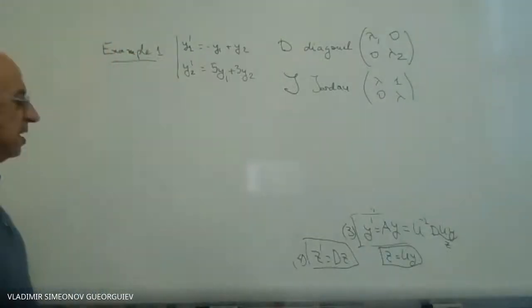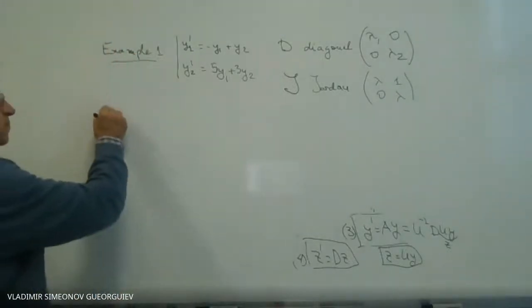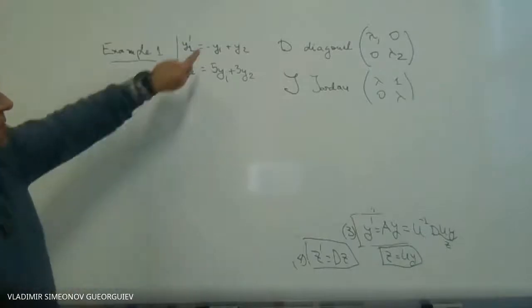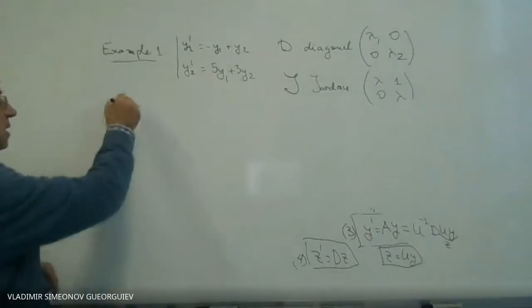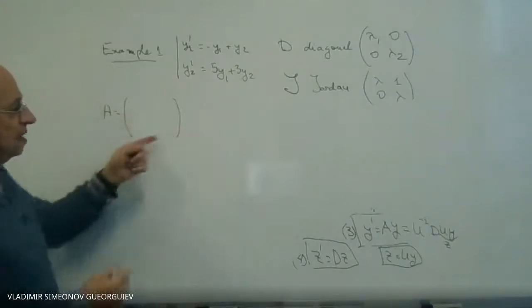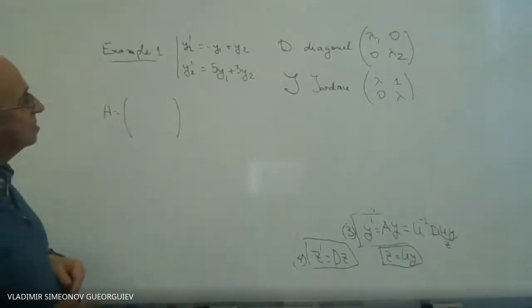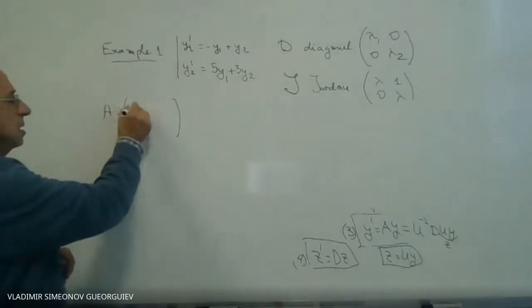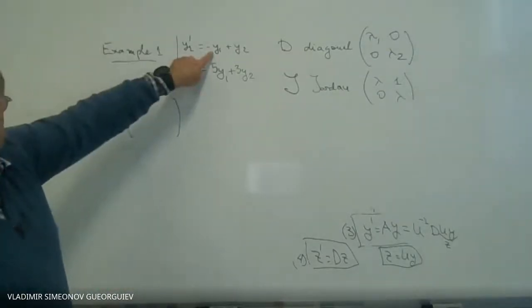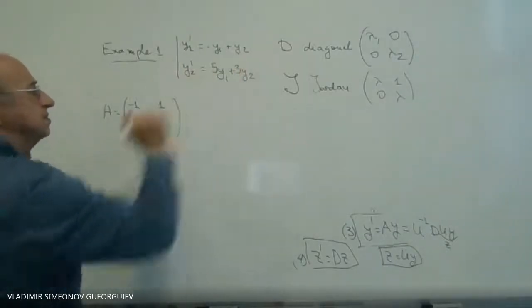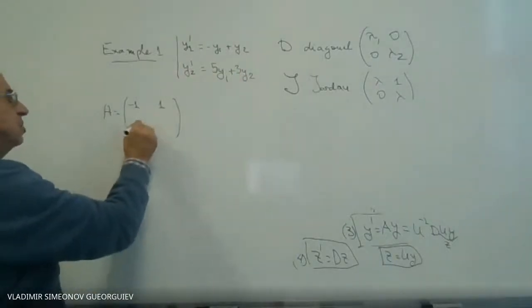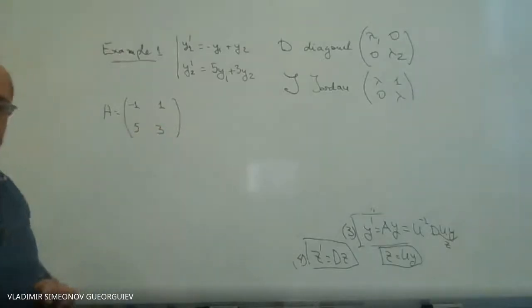Our matrix A is, I simply take the coefficients in front of y1, y2, and put them in the table of the matrix. So we have first this -1, that is the coefficient in front of y1, and then we have 1, coefficient in front of y2, and then we have 5, 3.